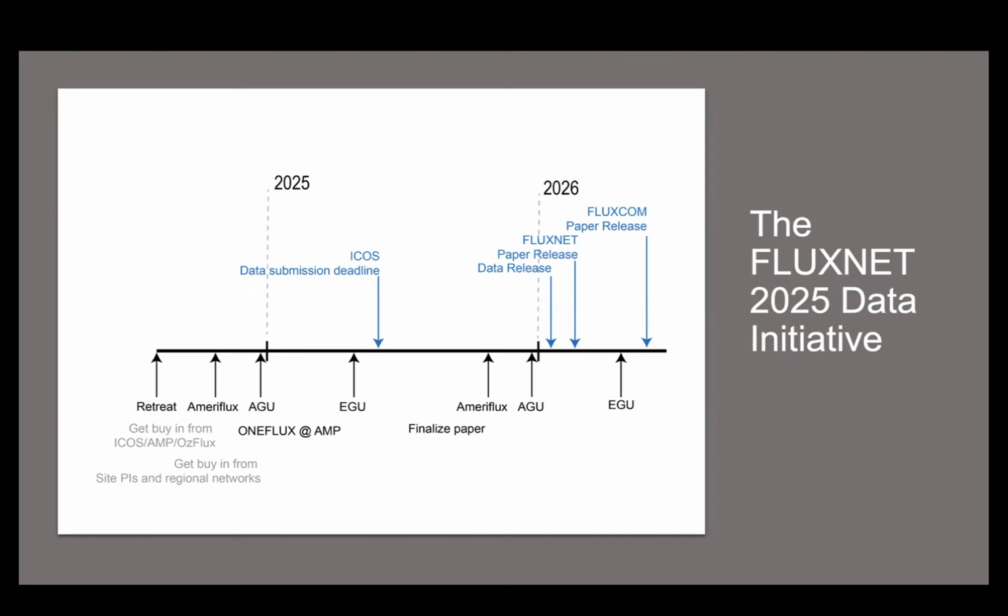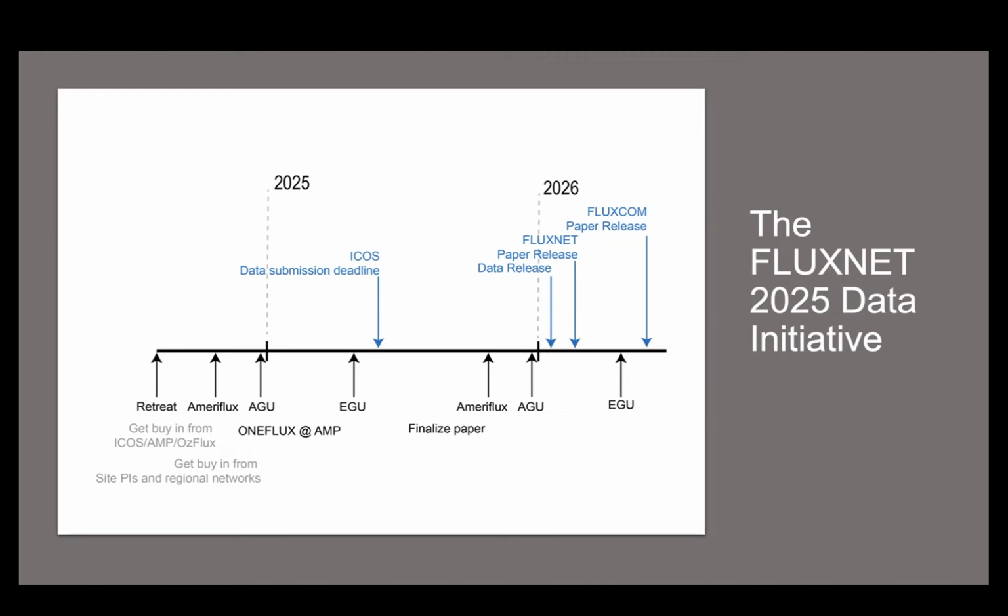We had the AmeriFlux annual meeting about a month ago where we had a lot of discussions about this data system initiative, and EGU. We're thinking of a data submission early next year, sometime in spring, or to set a deadline for people to submit their data. And this deadline is, because it's a dynamic database, people can submit anytime and be included in the database, but we need to think about how to incentivize submissions.